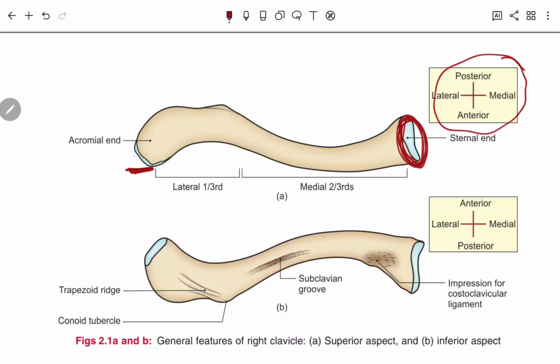This is flat. This is lateral. The lateral end is the acromion end because it is going to form the acromioclavicular joint. And the medial end is going to form the sternoclavicular joint. So lateral one-third and medial two-thirds.